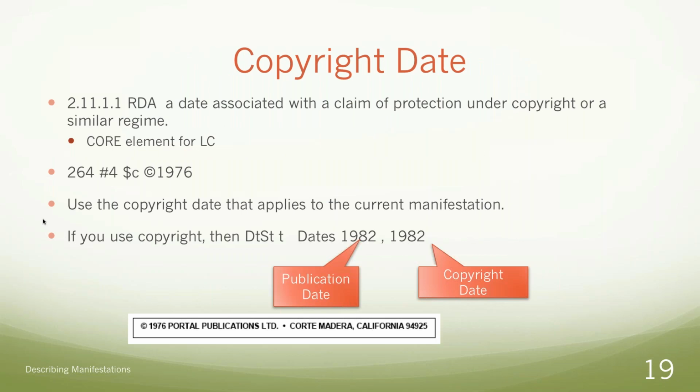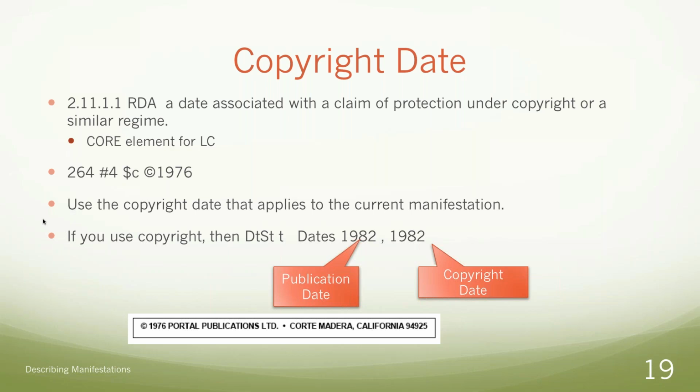Copyright date is a core element for the Library of Congress, which makes sense because they also hold the Copyright Office itself. And it is something that, as a general practice, we as catalogers in North America continue to provide. So go ahead and give that copyright date if it is present. You will never supply a copyright date.